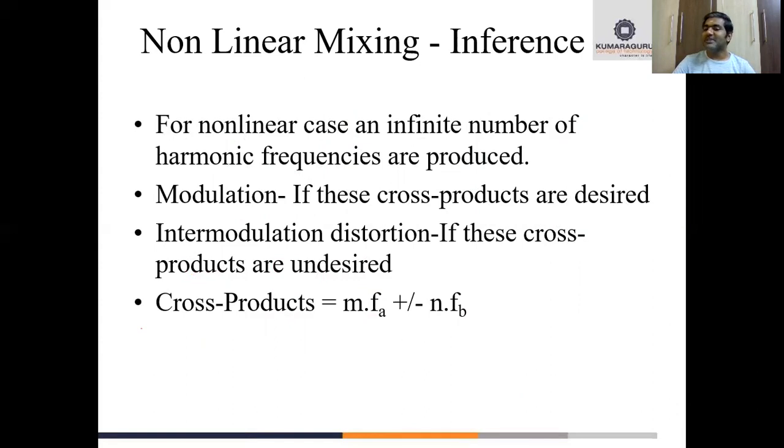FA plus FB is 501 kilohertz. FA minus FB is 499 kilohertz. So your output will have both frequency components. Your 1 kilohertz message signal is being modulated by a 500 kilohertz carrier, so there is a kind of frequency conversion. That is why this cross product.